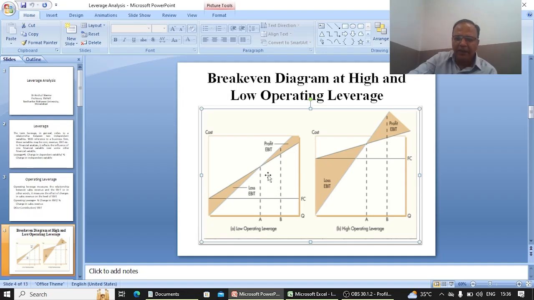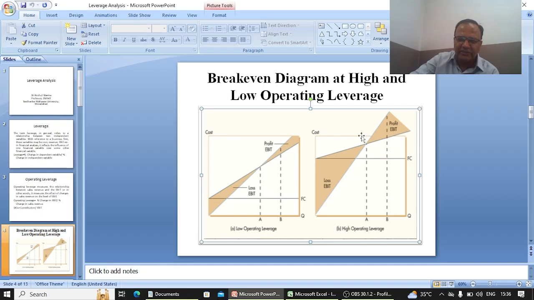At the same time, although you recover the break-even point shortly, the margin of profit does not increase very sharply where we are using low operating leverage.